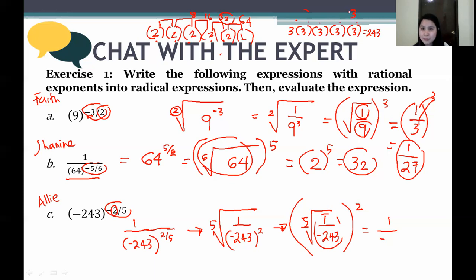So negative 3 to the power of 5 is equal to negative 243. So the fifth root of 243 is 3. But since it's negative, we'll also have negative 3. Then we square it. 1 squared is 1. Negative 3 squared is 9. So the answer is 1 over 9.